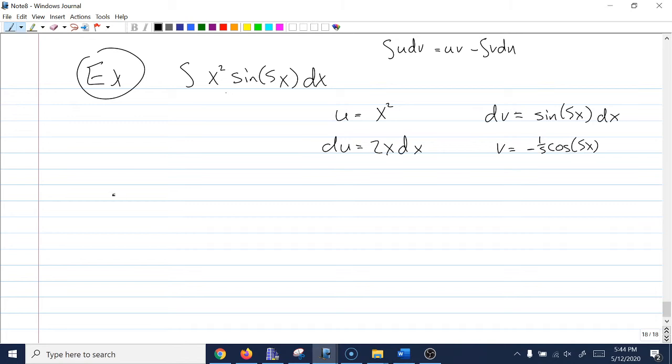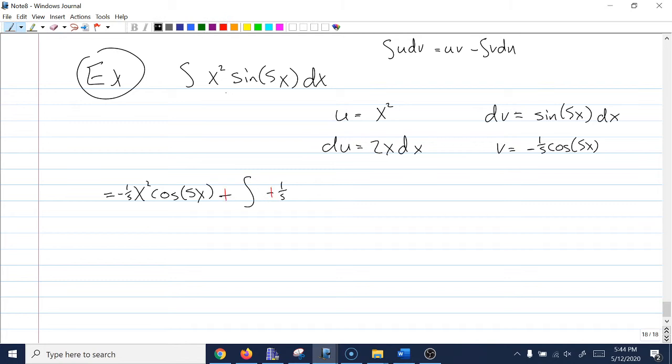Let's use the parts formula. The integral of u dv equals uv minus the integral of v du. Actually, let's let these minuses cancel right now.